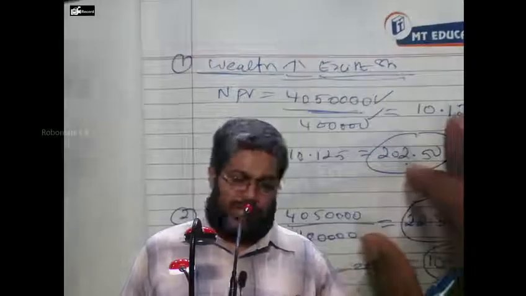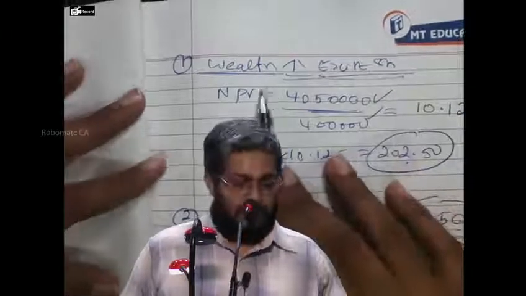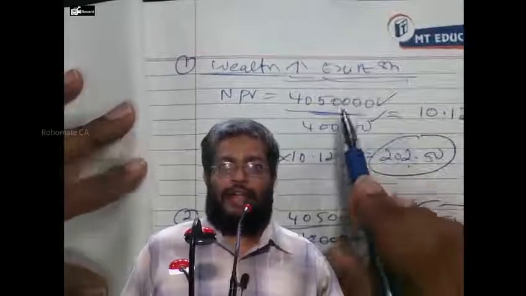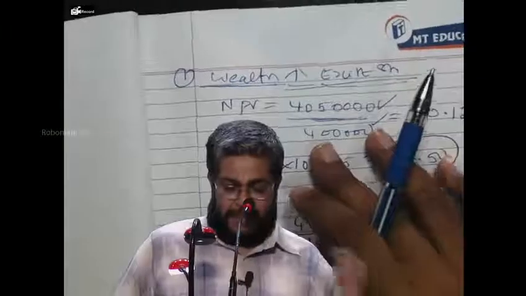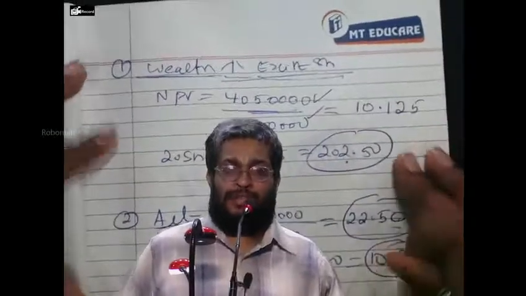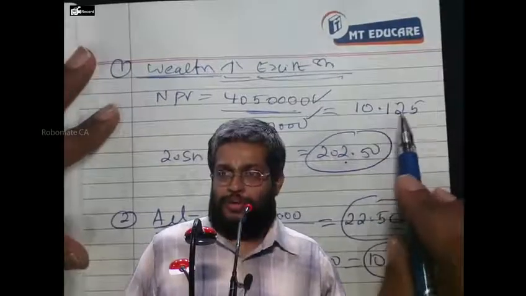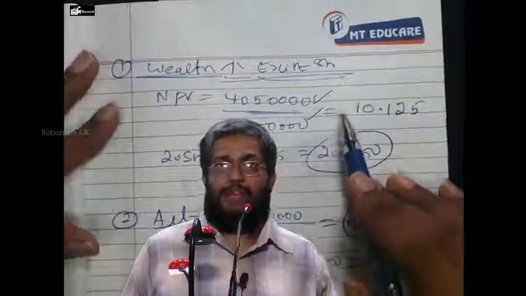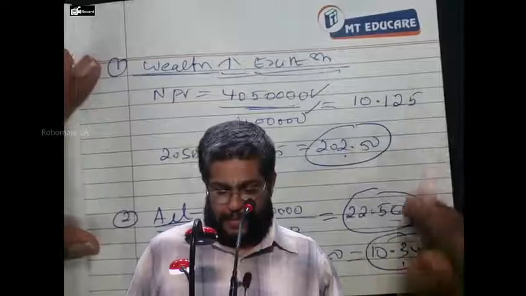NPV per old share is equal to 40,50,000 divided by 4 lakhs, which is 10.125 per share.